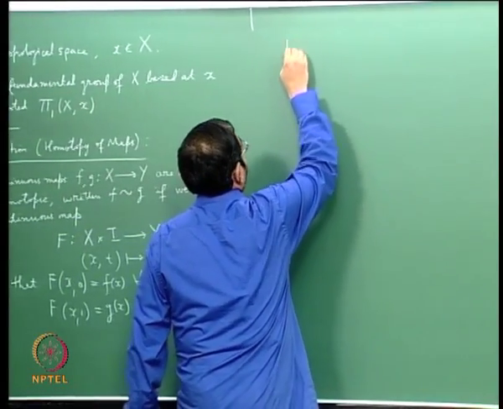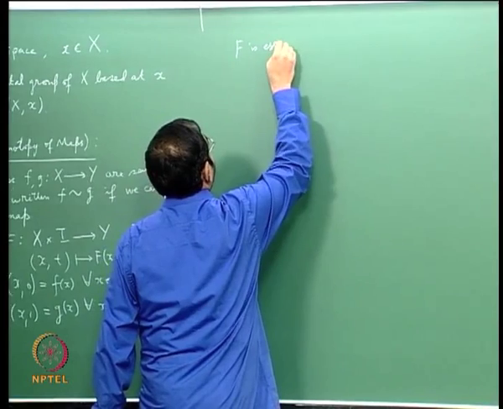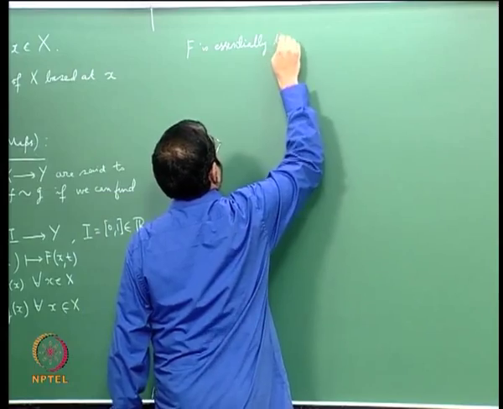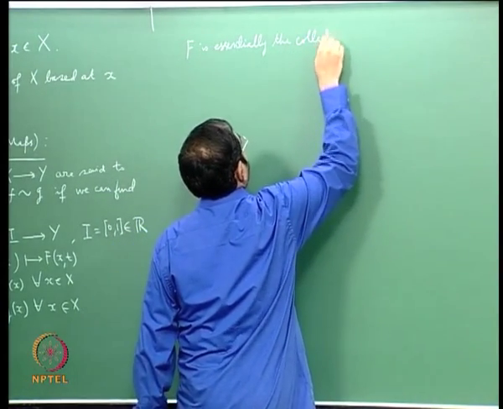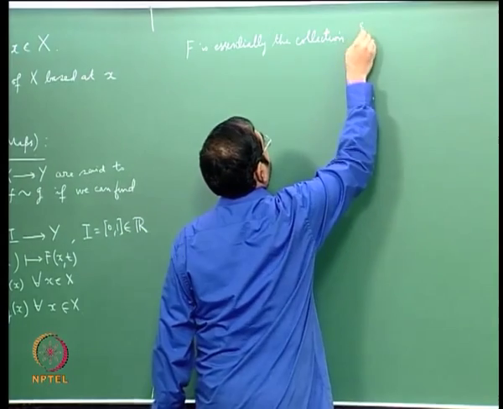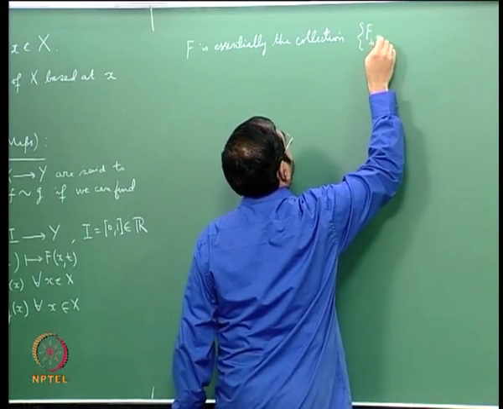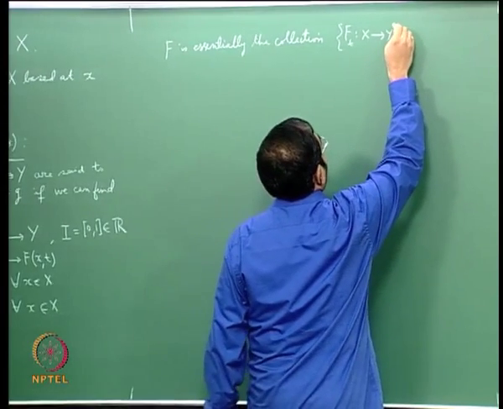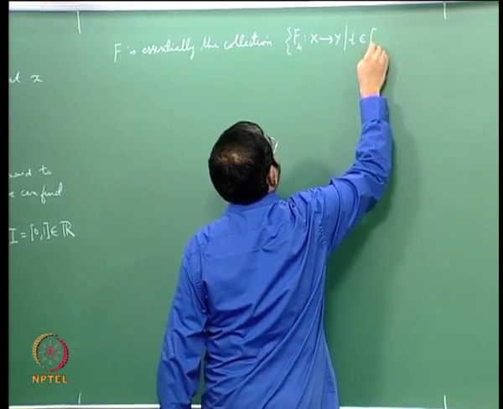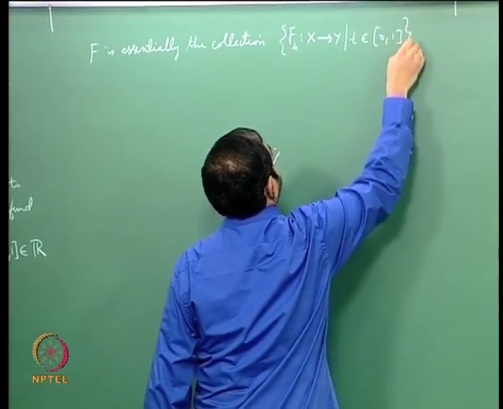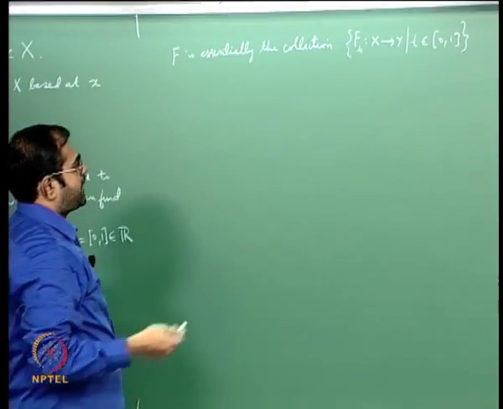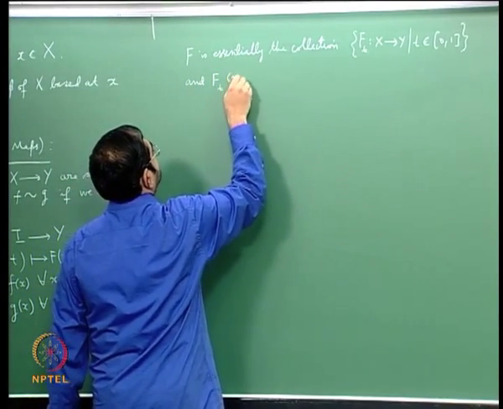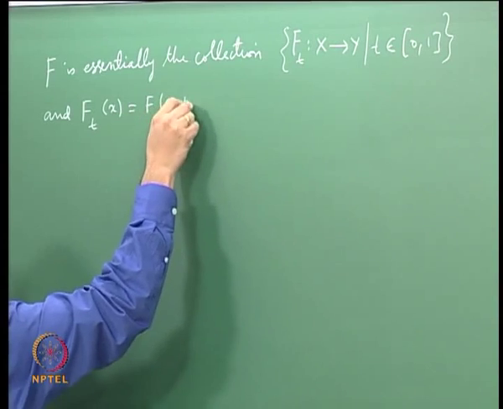Okay, so let me write that down. So F is essentially the collection, let me write as F sub t from X to Y, where t is the time parameter, and F sub t of x is just F of (x, t).